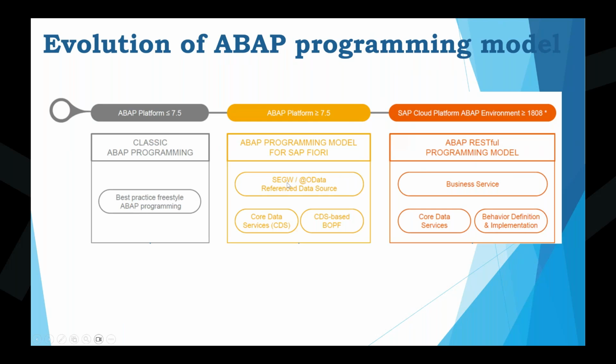In S/4HANA greater than or equal to 7.5, we can develop CDS views and BOPF. But now, if your system is greater than or equal to S/4HANA 1909, or you are in public cloud and private cloud, we have the ABAP RESTful programming model called RAP, where we develop business services and core data services. Instead of BOPF, we have behavior definition implementations.